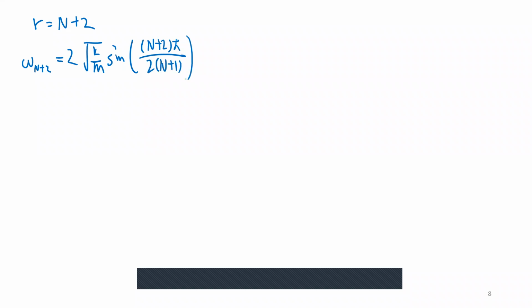So r equals n plus 2. Then omega n plus 2 would be this. And this can be written as pi divided by 2 plus pi divided by 2 times n plus 1.